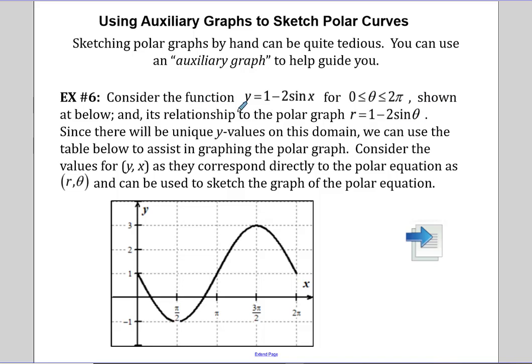Since there are going to be unique y values on the domain, we can use the table, and that can help us to graph in polar form. Consider the values for y and x as they correspond directly to the polar equation for r and theta, and then you can use that to sketch the graph of the polar equation.